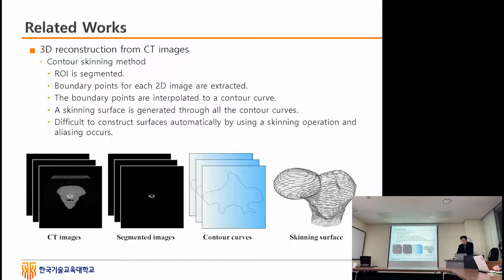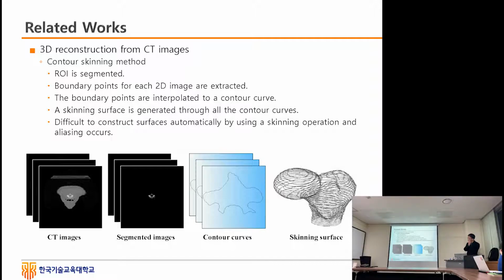This is the separated bone images, and then the boundary points for each image are extracted and interpolated into a contour curve like this. And then finally, a skinning surface can be generated through the whole contour curves.